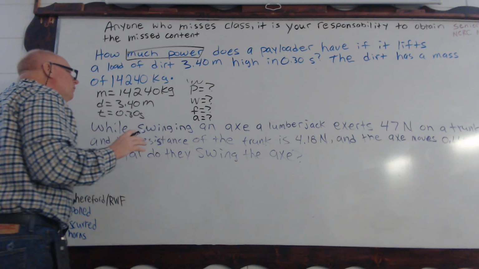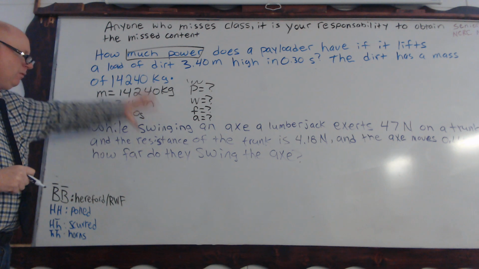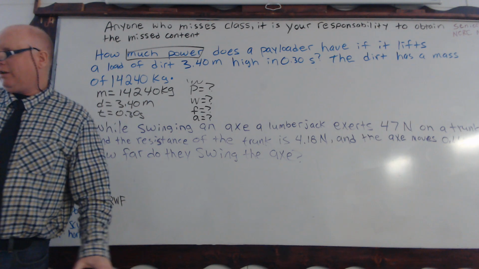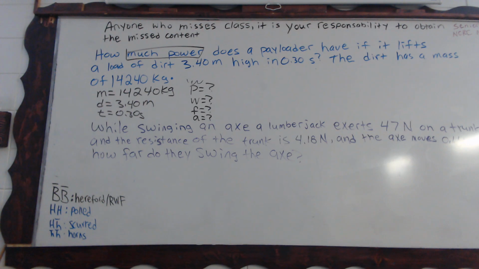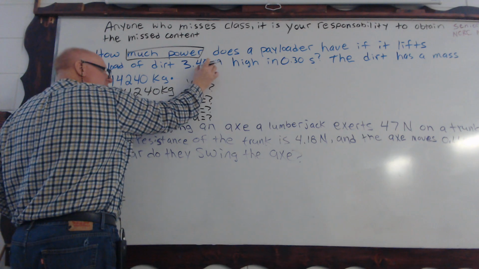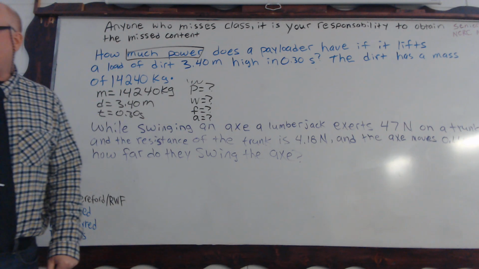And when we look at this, I just ran out of time because I wanted to get this problem down too. We're going to make a presumption here that that payloader went across the ground, it hit the pile, then the operator pulls the lever back. So what we would presume then is that as they're lifting all that mass up to this height in that amount of time, how fast was that going then?